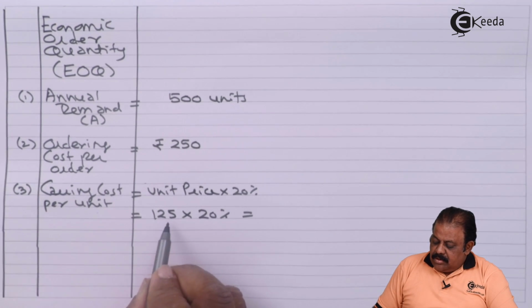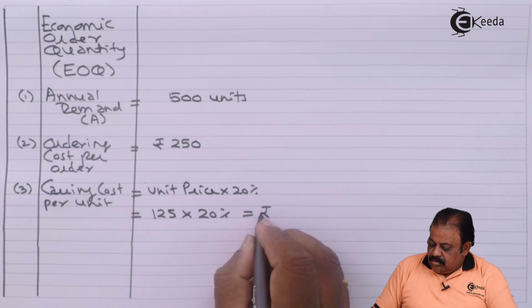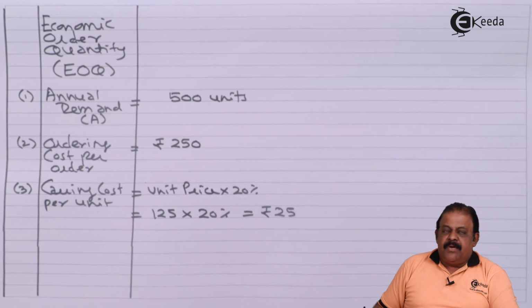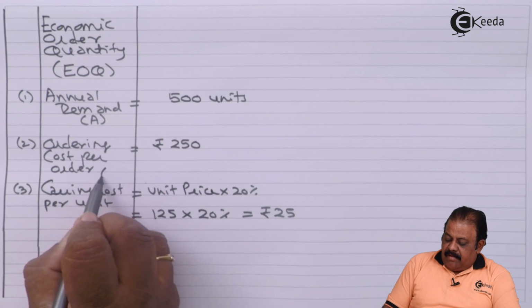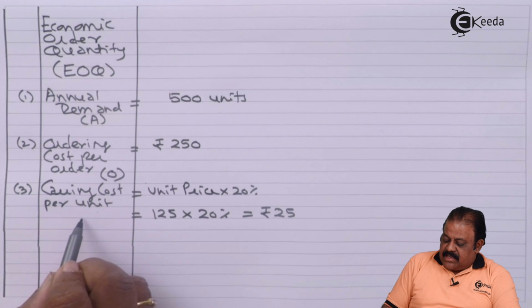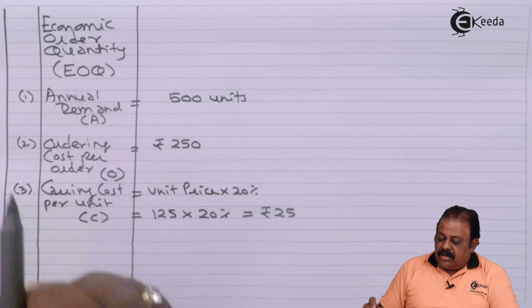It is 20% of 125, which comes to rupees 25 per unit. So we got value of A, value of O, as well as value of C. Now we can proceed to calculate economic order quantity.